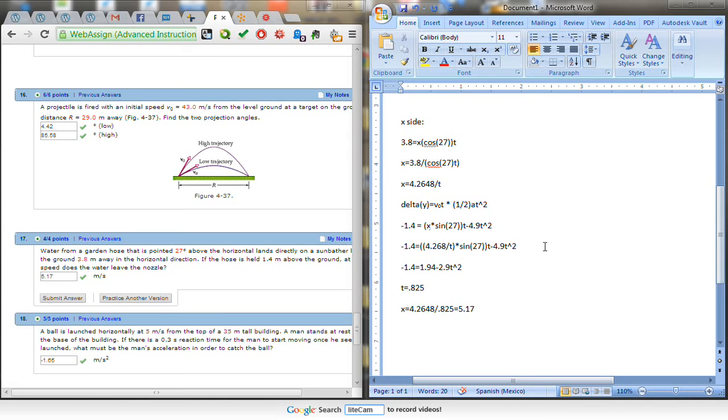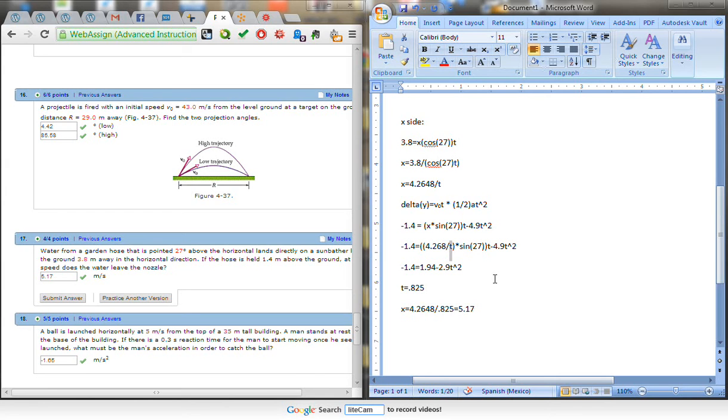You'll get this. Now it's very convenient that the two t's here will cancel out because one's in the numerator and one's in the denominator. So basically you would get negative 1.4 equals 4.268 times sine of 27 minus 4.9 t squared. Simplify everything out. You get negative 1.4 equals 1.94 minus 4.9 t squared.